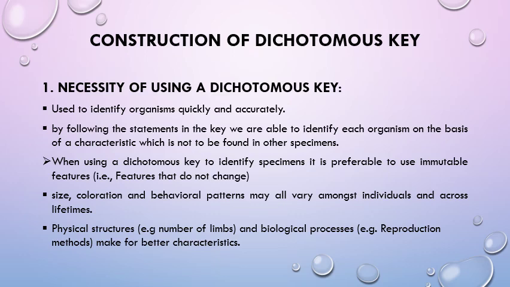Size, coloration and behavioral patterns may all vary among individuals and across lifetimes. So size, color and behavioral patterns can change, and they should not be considered in the dichotomous key. Physical structures, such as the number of limbs, and biological processes, such as reproduction methods, make better characteristics.